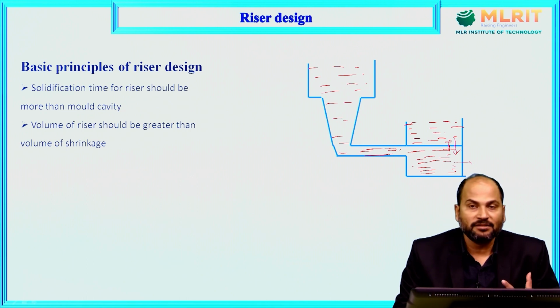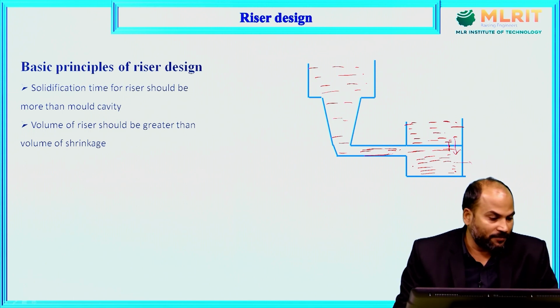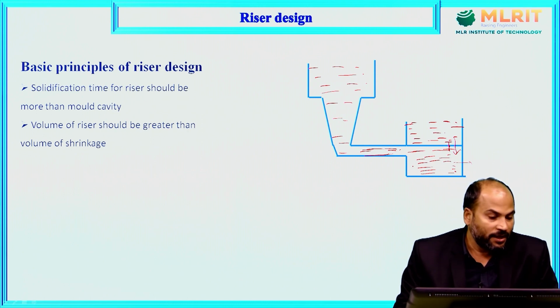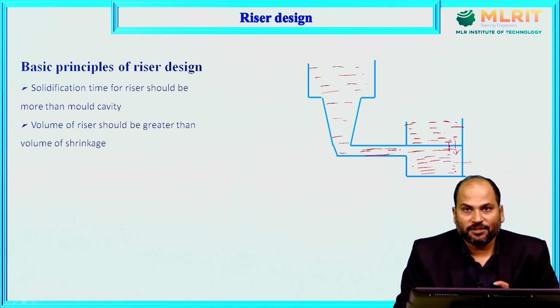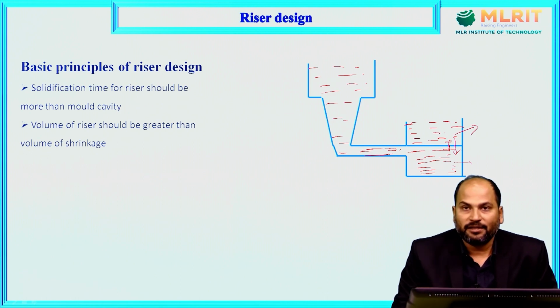Now, what is the basic requirement? What should be there in the design so that the riser fulfills our requirement? There are two basic parameters that need to be considered during the design of the riser. The first is that the molten metal inside the riser should solidify after the solidification of the mold cavity.